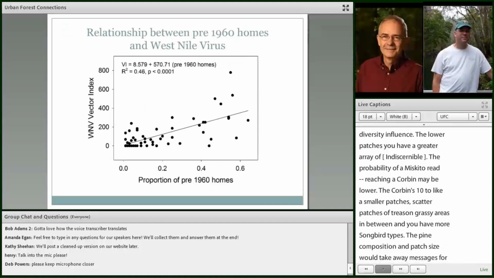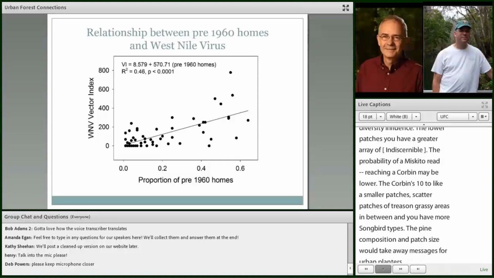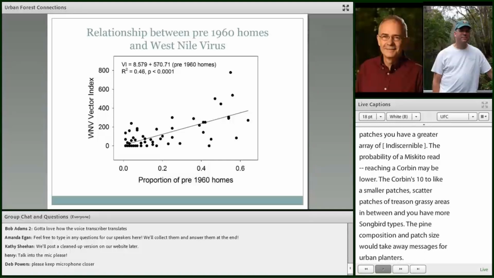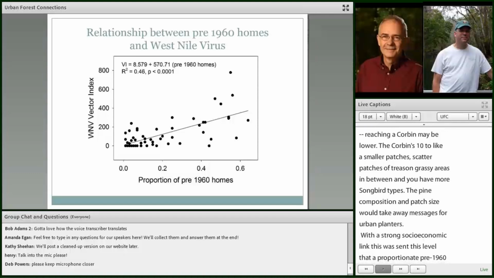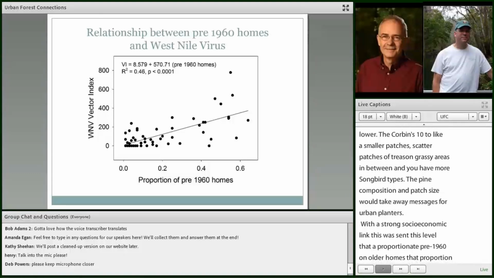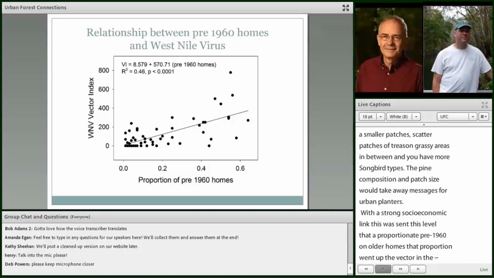We also have a strong socioeconomic link. This was census level data. The proportion of pre-1960 homes, older homes, as that proportion went up, the vector index increased. And so the proportion of older homes is obviously a surrogate for some other factors that could be happening.